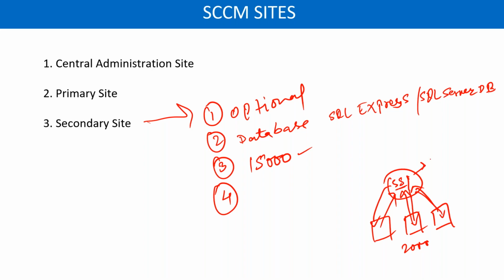So this secondary site, by default, has a management point plus distribution point. These are two roles in SCCM, which I'm going to discuss later on. Management point is basically for policies and inventory collection, and distribution point is for the content, the application files, software update files, or operating system files. So devices will be downloading the content from here.